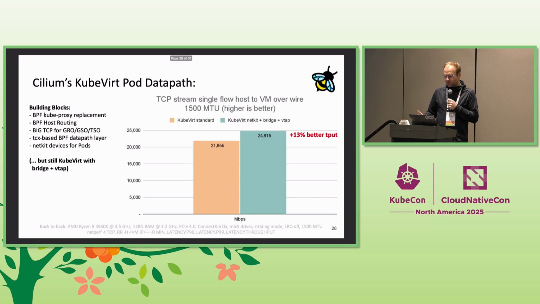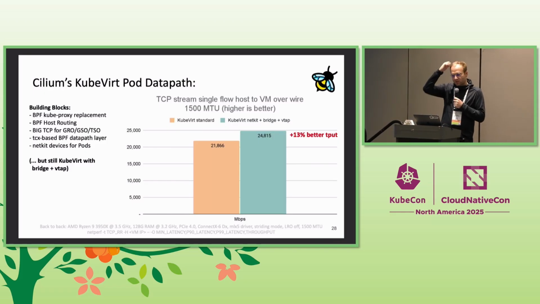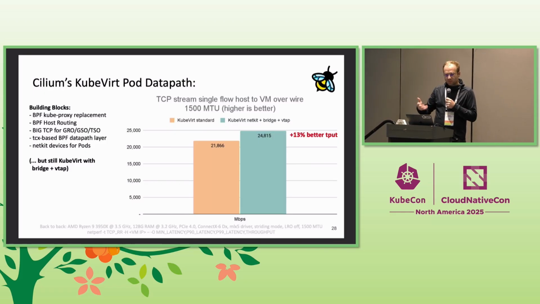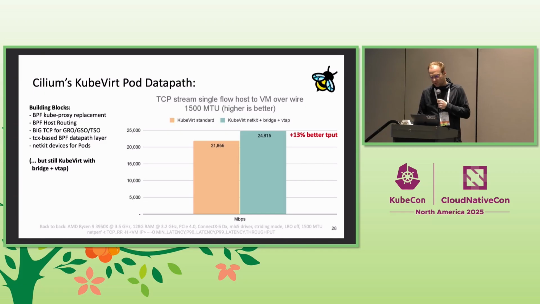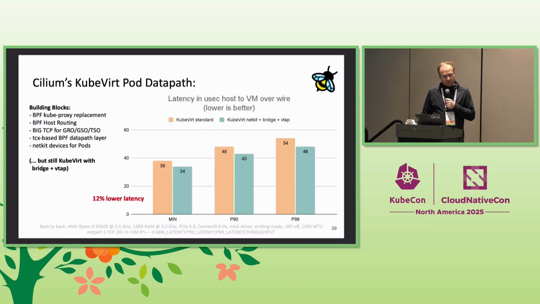And our first question was, well, how does the performance look here compared to the standard KubeVirt benchmark? So what we saw is 13% better throughput in a TCP streaming bulk workload, and also the latency improved a little bit, like 12% lower latency, which is already a nice improvement.